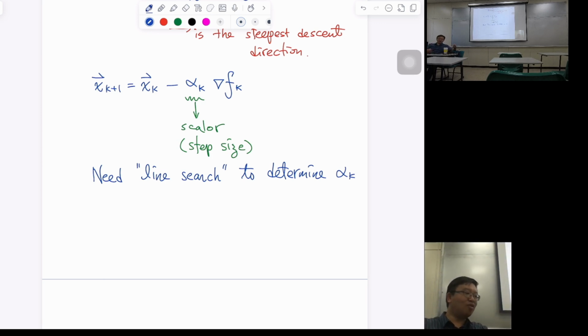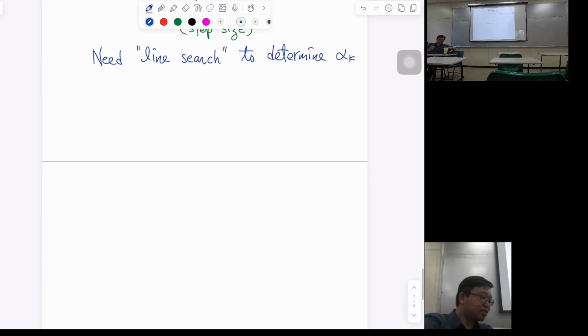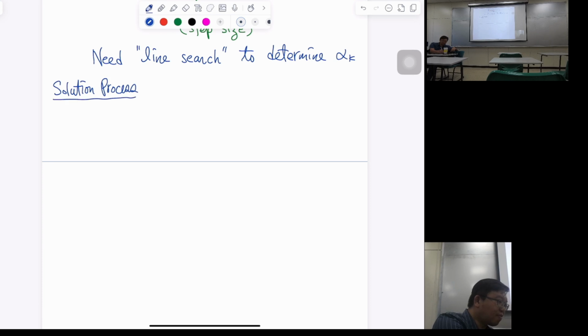I will now draw the flow chart to help you understand what the solution process looks like. It's going to be a two-level procedure. So basically there are two levels.